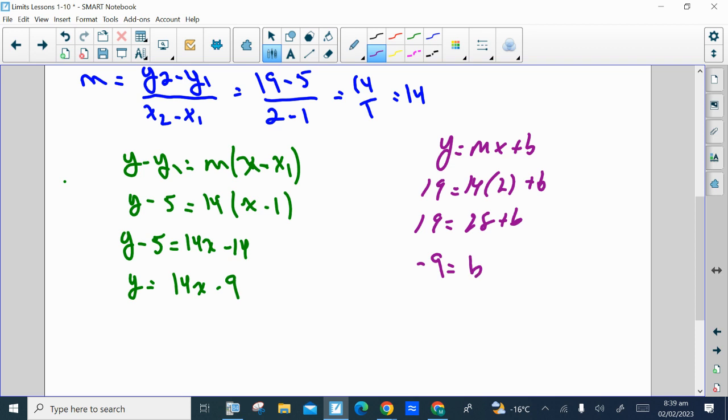Same y-intercept that we got doing it using point slope. And then you'd write the equation y equals mx plus b, where m we know is 14 and b is negative 9. So it's the same equation. So a couple different ways you could find the equation of that secant line. So that's a secant line.